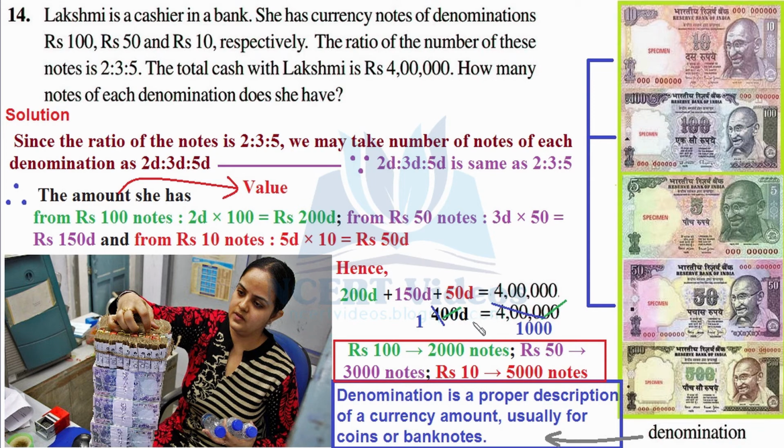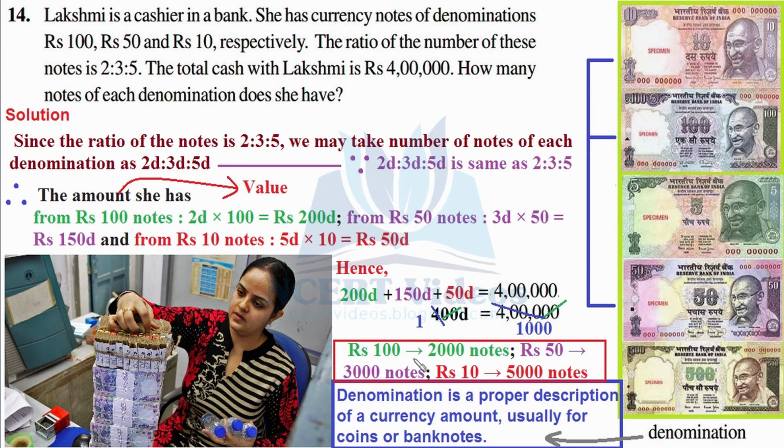We have separated D and its value came as 1000. And the question was asking to find how many notes, that is not the value but the total number of notes of each denomination. So we assumed them to be 2D, 3D and 5D, and we have found the value of D equals 1000. Now it is just a matter of multiplying each of them with 1000.